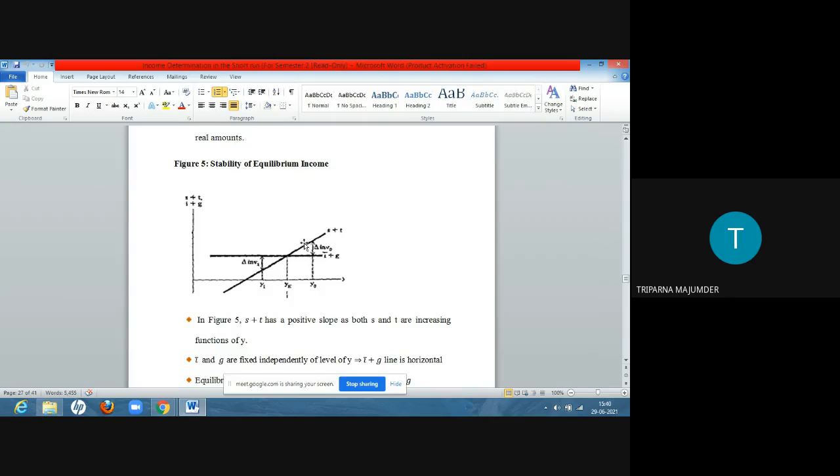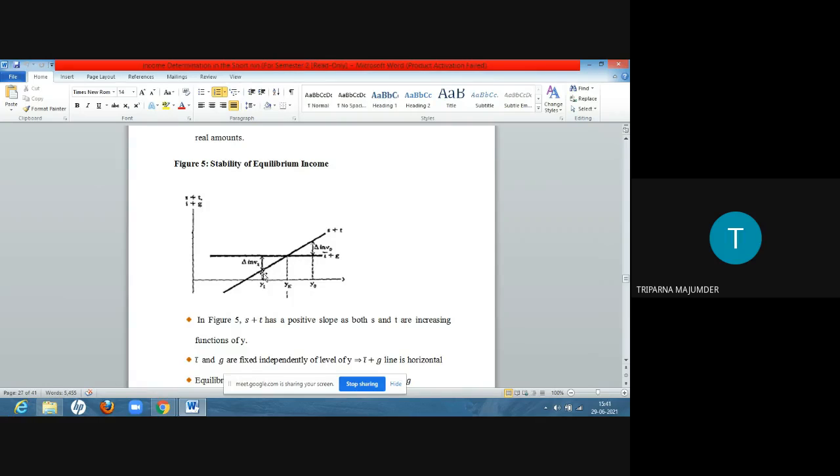Now, if savings plus taxes is greater than investment plus government expenditure, what is happening? Sellers are unable to sell what they had planned to, as a result of which there is an accumulation of inventories, as a result of which they will reduce production and hence income will fall.